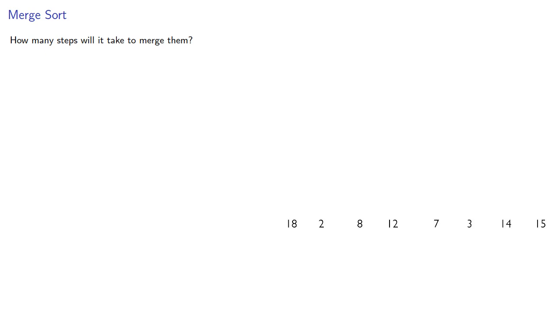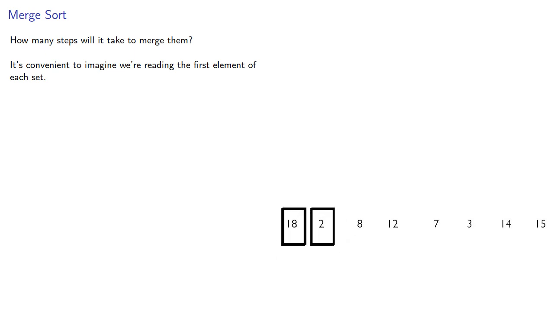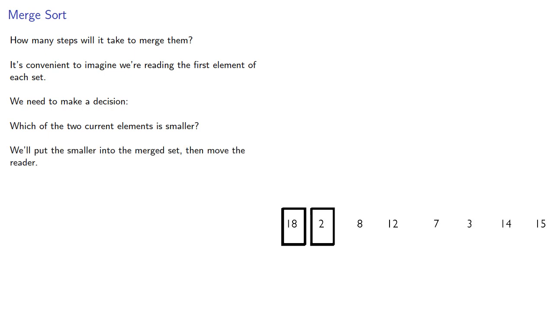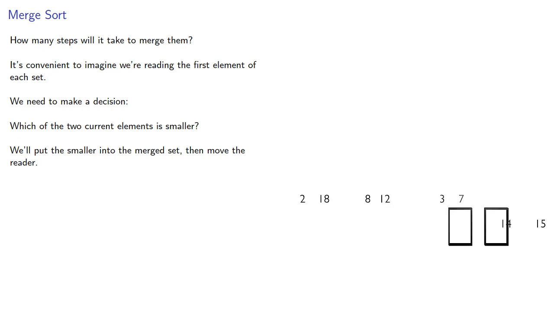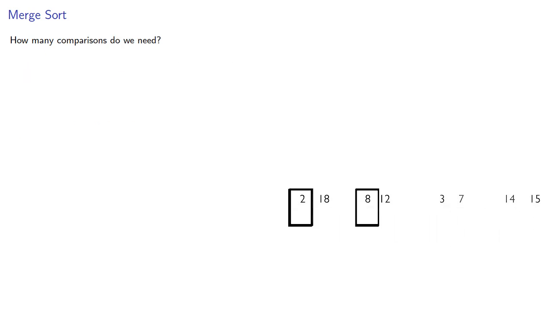So how many steps will it take to merge them? It's convenient to imagine we're reading the first element of each set. We need to make a decision which of the 2 current elements is smaller. We'll put the smaller into the merge set, then move the reader. So how many comparisons do we need?